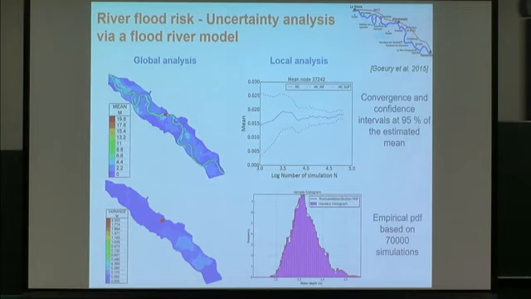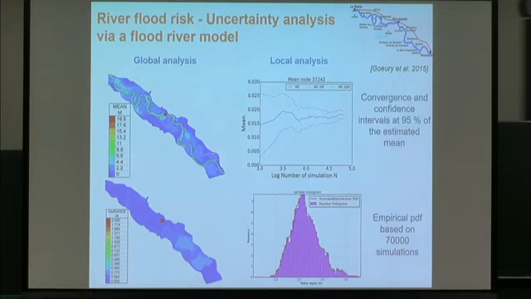It's important for EDF to be able to predict the river flow, because we have some reactors on a river, so it's important to imagine the water level that can be reached. So we applied the uncertainty methodology on this kind of event. This is the Garonne River, a river in France near Toulouse.